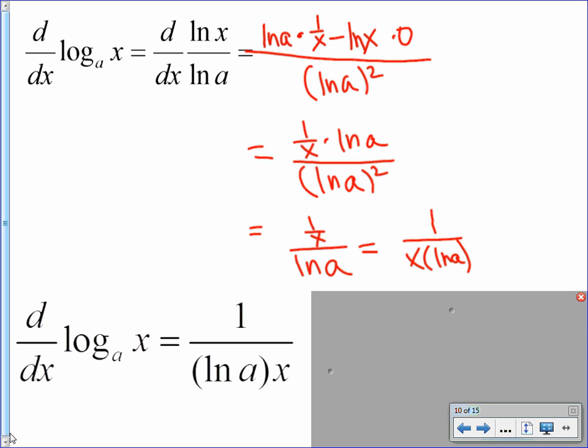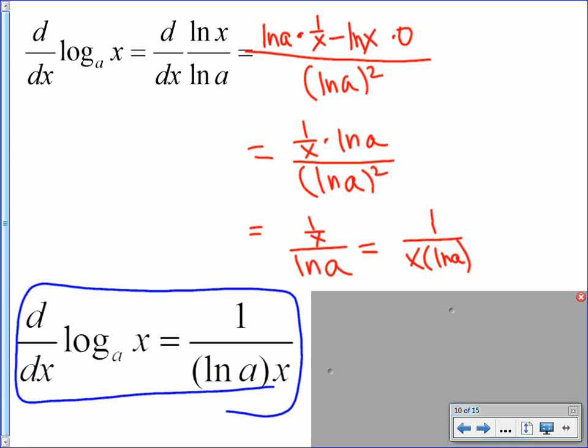The natural log of a, since a is a number, is a constant, and the derivative of a constant is 0. This is just me proving what this derivative is. What I need you to do is remember how to take this derivative. If we get something that's log base a of x, then we just plug it into that.